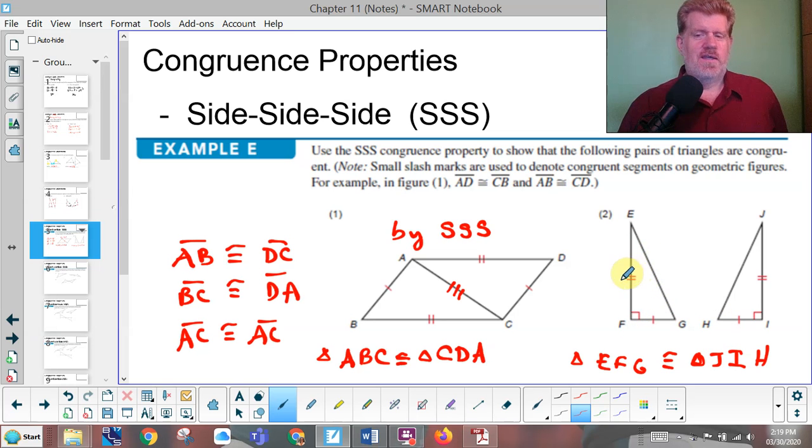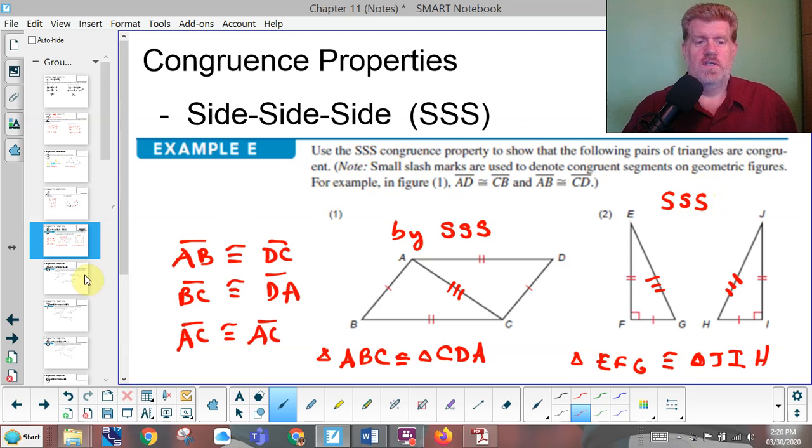But think about it. If it's a right triangle, does that mean if these 2 sides are the same, that's the hypotenuse, that by Pythagorean theorem, these have to be the same also? So you can show it that way and call it side, side, side. Now specifically, we're asking for side, side, side. Normally I wouldn't use side, side, side for that example, but it's okay.